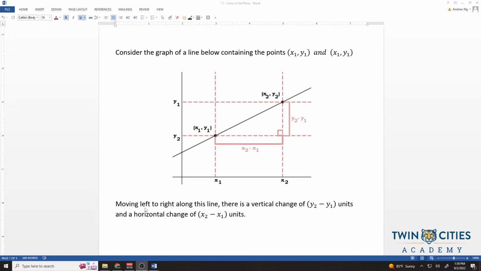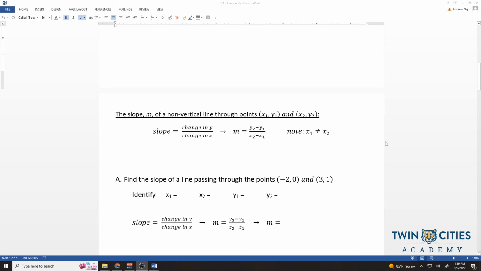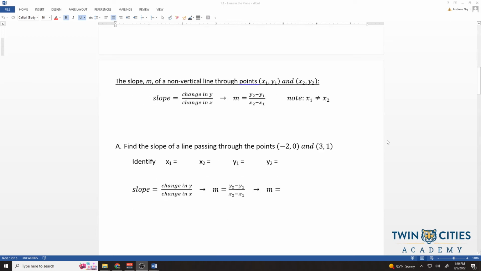So it says here, moving left to right along this line, there's a vertical change, y2 minus y1 units, and a horizontal change, x2 minus x1 units. So how do I find the slope then?